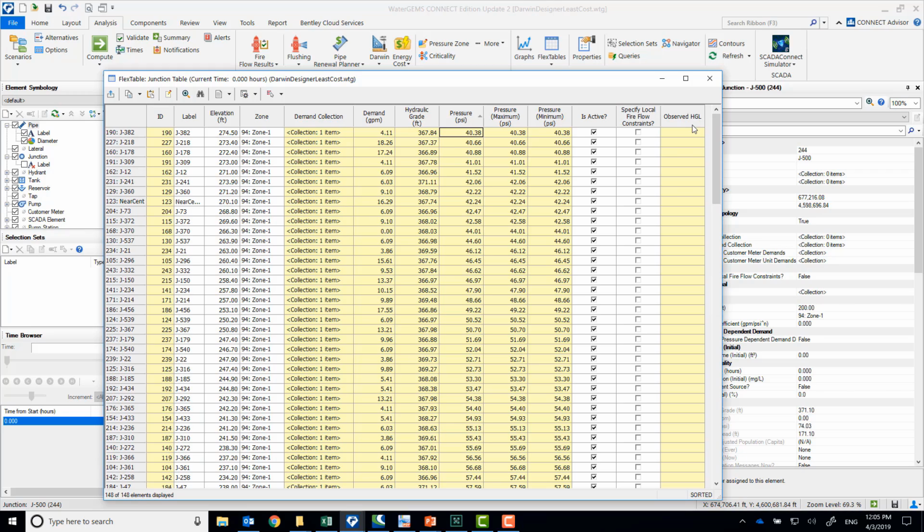Because the pressures are pretty good for average days, but we're not going to design our system for average days, right? We're going to design it for maximum day demands, right? Because we were going to design it for max day demands, and we had to make sure that every node was able to meet a minimum 20 psi. So obviously, even if I put that 3,000, we're pretty good in pressure right here.